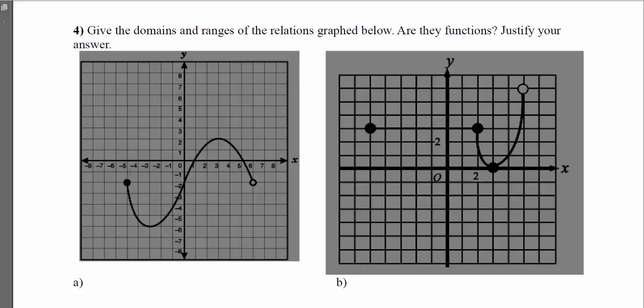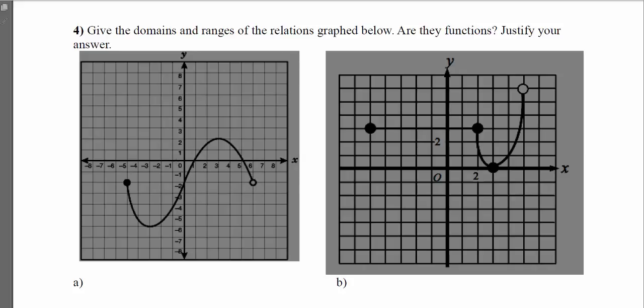So if you go to the x-axis here, it's going to be minus 5. So here, minus 5 is included, and then if we keep going to the right, up until 0, positive values, the function is still defined, and then we come to 6, and the function is not defined for x equal to 6 because the circle is not filled.